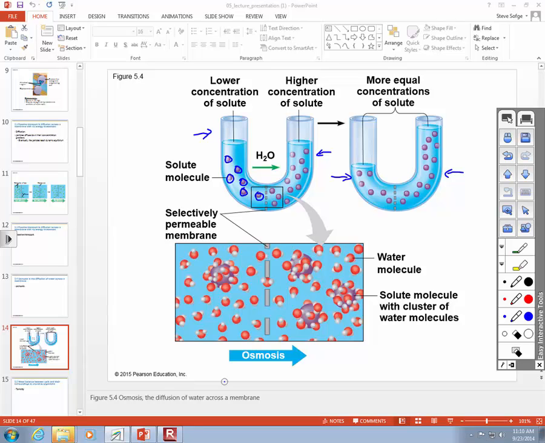So if this is my solute, let's say those purple spheres, if that solute concentration, let's say it's, I don't know, we've got 2, 4, 6. So let's say it's a 6% solute. That would give me a 94% water on that side. Let's look at the other side of it. I've got 2, 4, 6, 8, 10, 12, 13% solute.